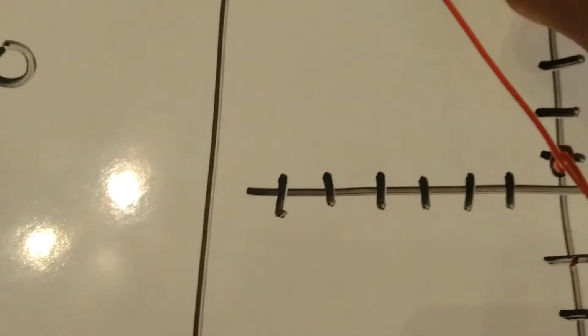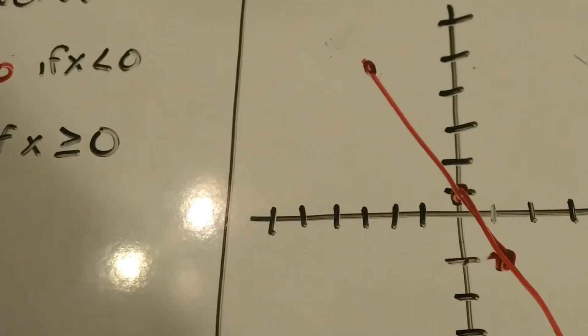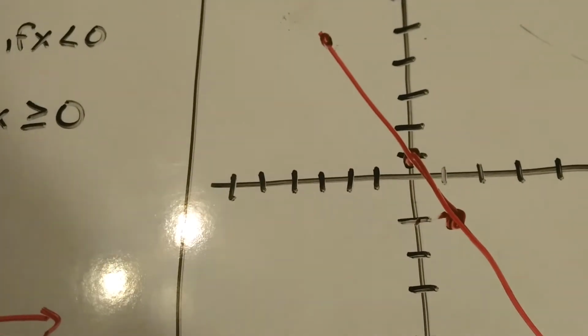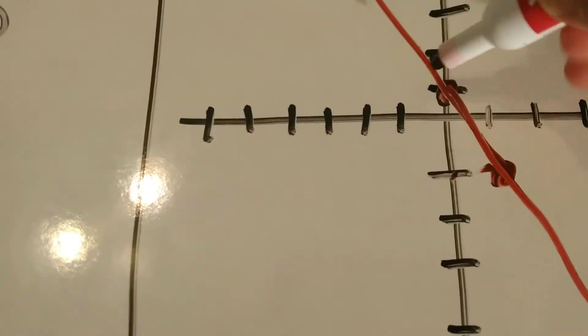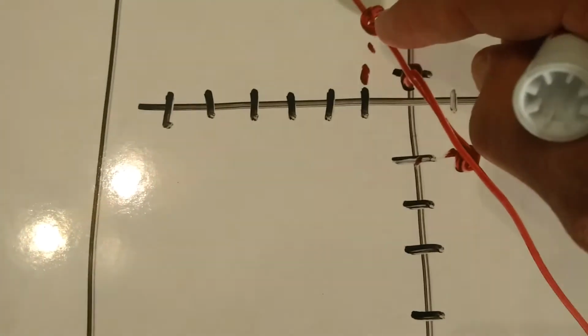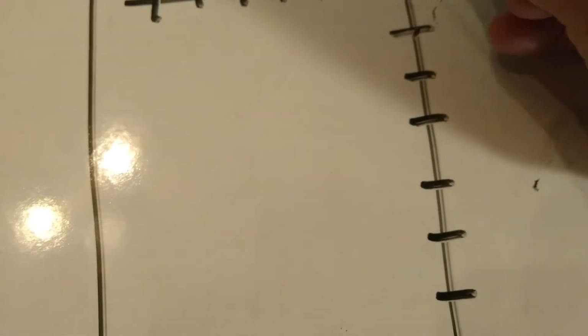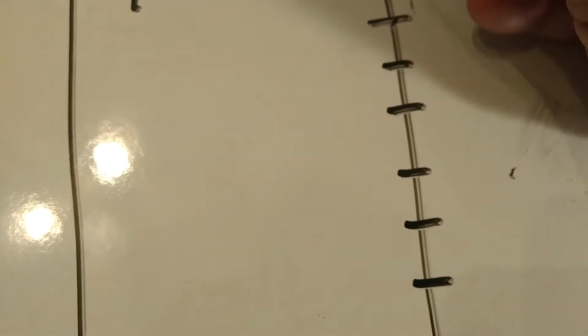I can't use any of this because I can only start at negative 3. And I'm going to 1, but I can't use 1. So if I come up here and follow this, I've got an open point here, which means I'm not using any part of this graph right here.